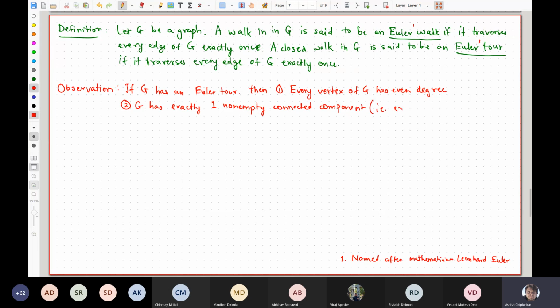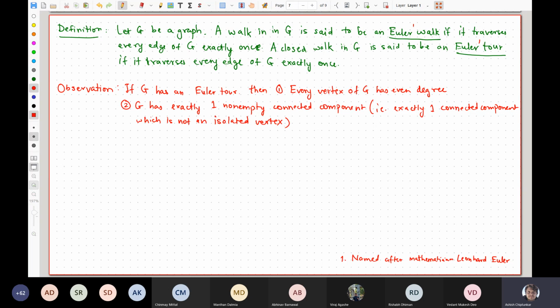That is, exactly one connected component which is not an isolated vertex. Okay, so these two conditions are necessary for the graph to have an Euler tour.